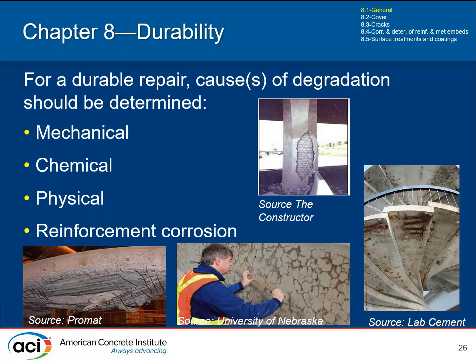Obviously the ones that are usually front and center in your mind are the ones motivating the repair, if that's the case. And there are a lot of different degradation mechanisms. Looking at mechanical impacts, abrasion, things like that. Chemical, like I mentioned, alkali aggregate reaction, sulfate attack, those kinds of items.